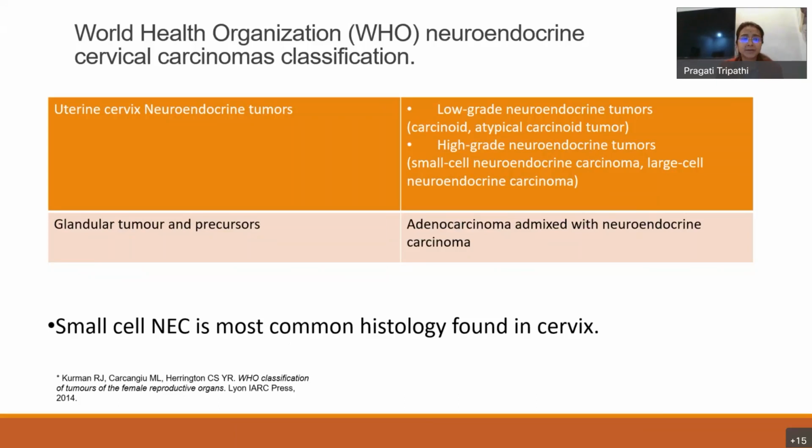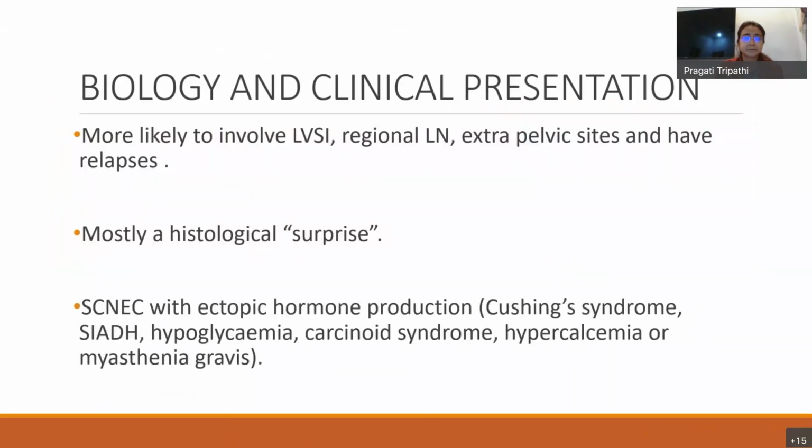The most common histology is small cell carcinoma, seen in 80% of the cases. It is followed by large cell carcinoma, seen in 12% of the cases. Whereas typical and atypical carcinoids are very rare in neuroendocrine carcinomas of the cervix.